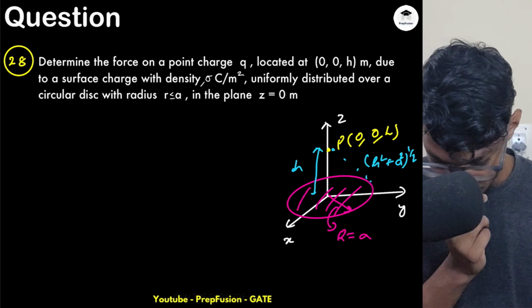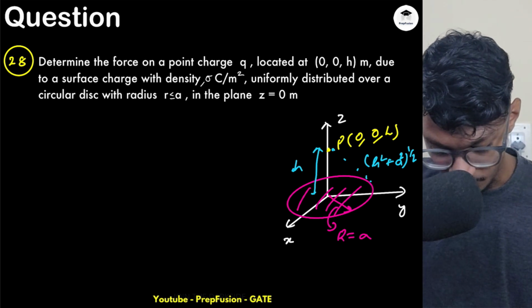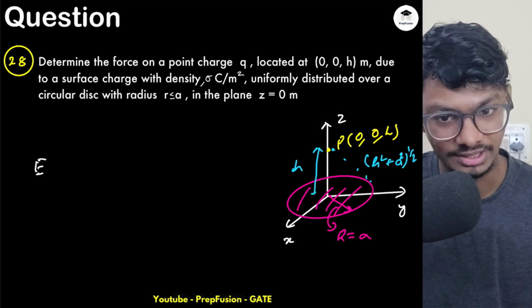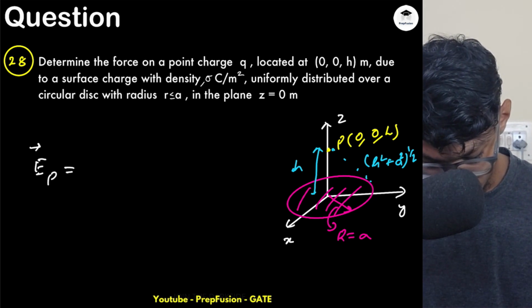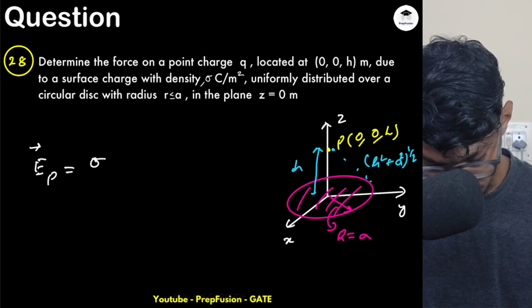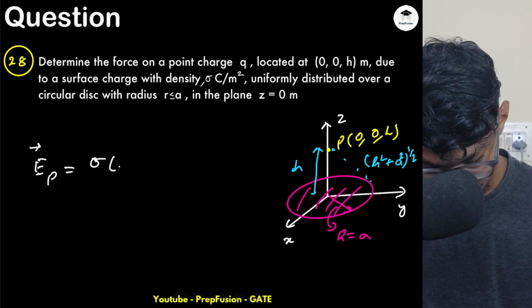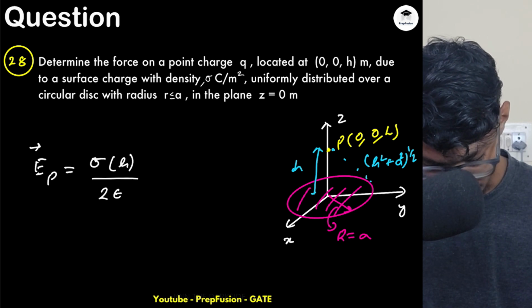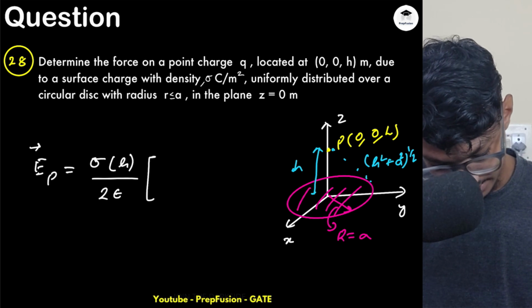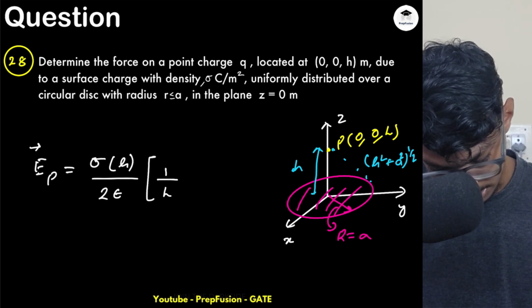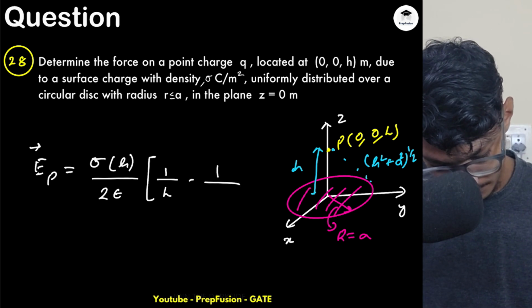Okay, so the formula, you have to remember the formula. No, like this we have no choice. Electric field at the point P will be sigma x is h upon 2 epsilon into 1 by x. 1 by x is 1 by h minus this distance, right?